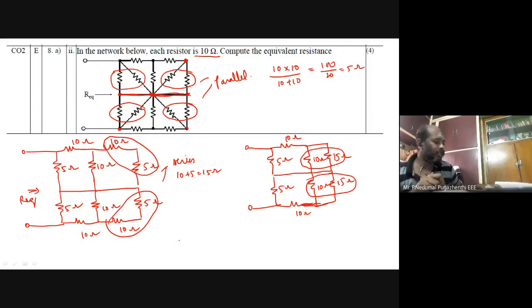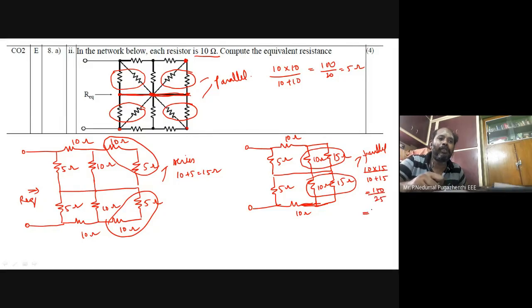How are they connected? These two, 10 ohm and 15 ohms. They are in parallel, exactly. So parallel is 10 into 15 divided by 10 plus 15, which is equal to 150 divided by 25. How much is it? 6 ohms. So I will get a 6 ohm resistor instead of these two.